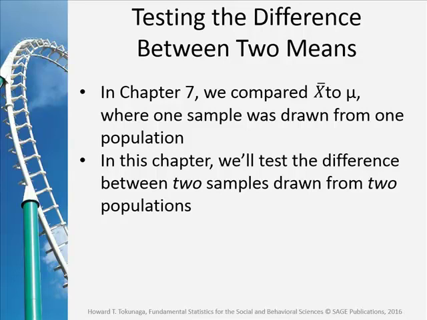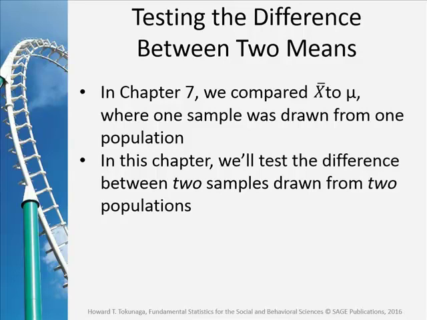Because in chapter 7, we had one sample drawn from the population, like a classroom, right? We said, let's measure this classroom and see how our sample mean from the classroom fits with our expectations of a population mean of all the people in the world.